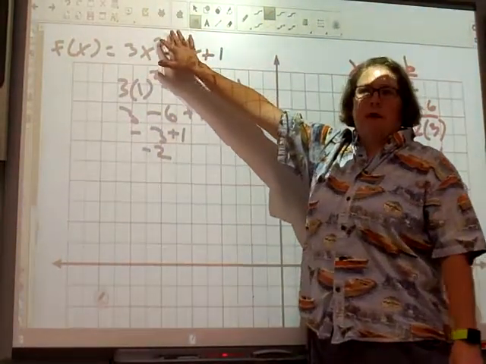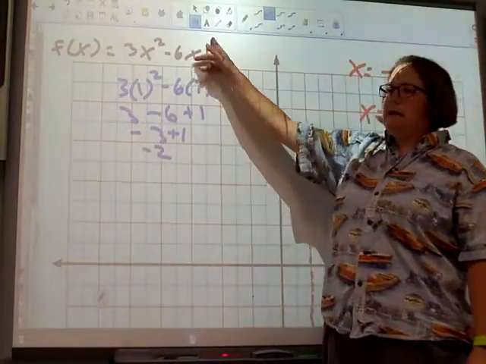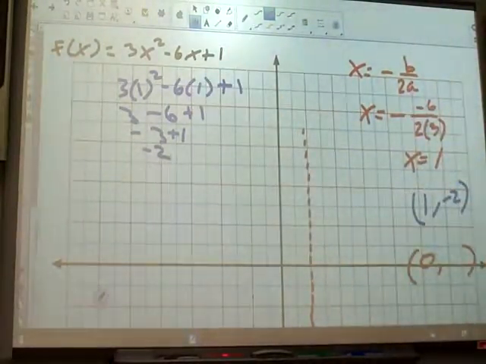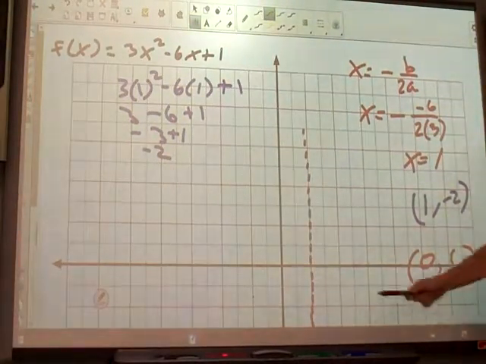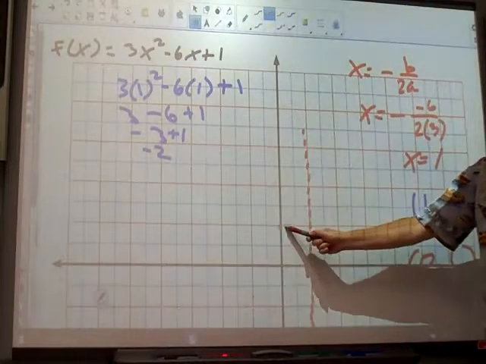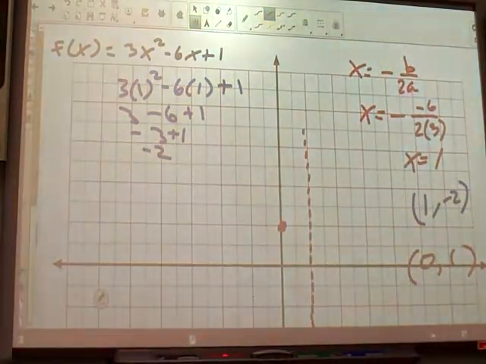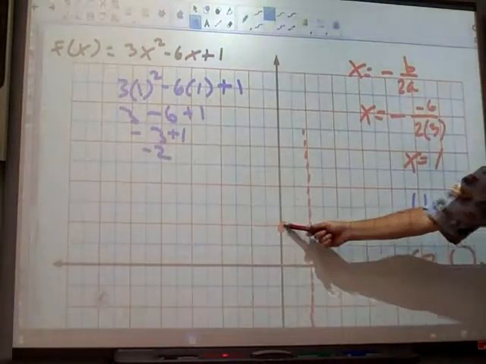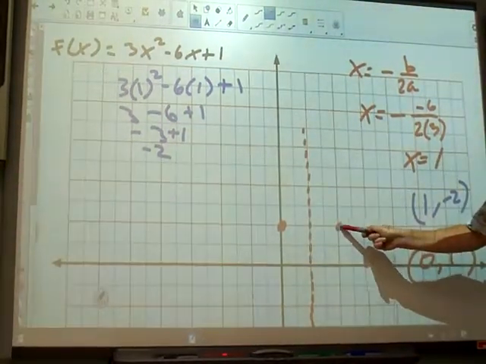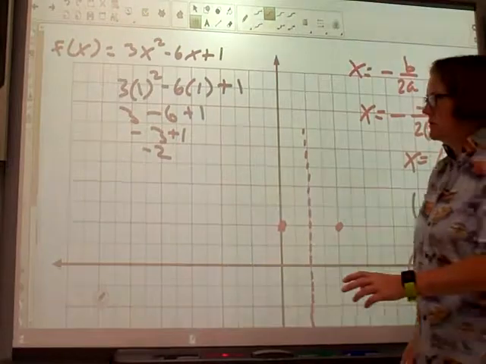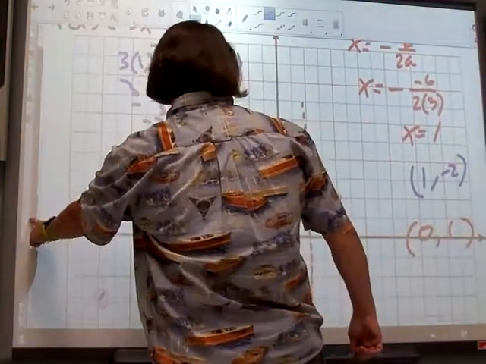So all you have left is 1. So over 0, up 1. Now you get to do your kindergarten counting and match that on the other side. Bam, bam. I have to scoot it up to see my vertex down yonder.